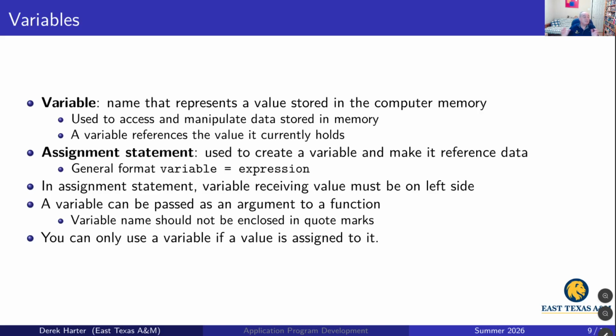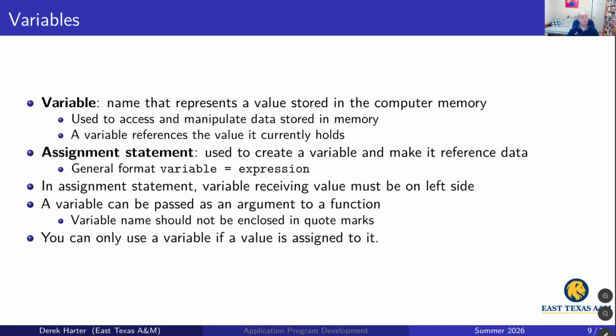So another concept here, the idea of variables. Variables are very important, and we've already run across these. I've used variables without really explaining them a couple of times in previous videos, and even just a little bit before, okay? So a variable in a high-level language like Python is just a name that represents a value stored somewhere in computer memory, okay?